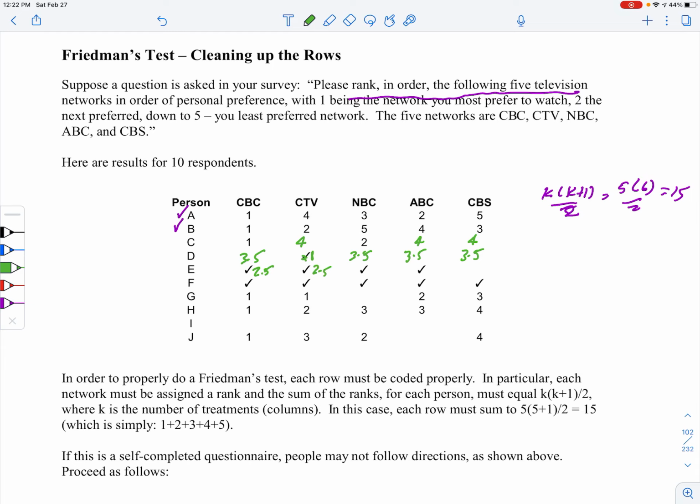So they would have 2.5s, the average ranking of the first 4 numbers. And then this one would be a 5, so that it adds up to 15, right? The next one is they're all checked. And so it would be the average ranking of 1 plus 2 plus 3 plus 4 plus 5, so they'd all get 3s. Like that.